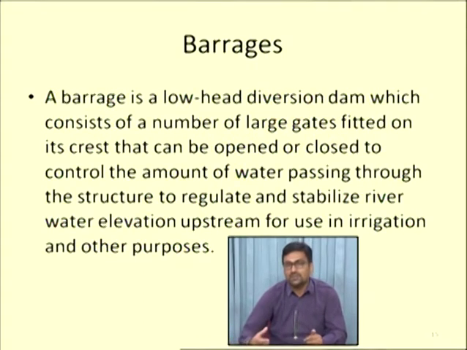But towards the end of monsoon we need more water to hold back in the reservoir created by the barrage. So we keep all those gates closed and hold the water so that it can be utilized for crops or for drinking purposes in the months of, say, October, November, December, January, when water is not available through the monsoon for crops or any other purpose. So barrages we can think of as storage structures also.